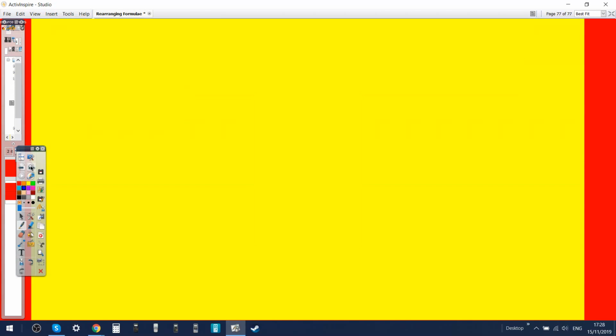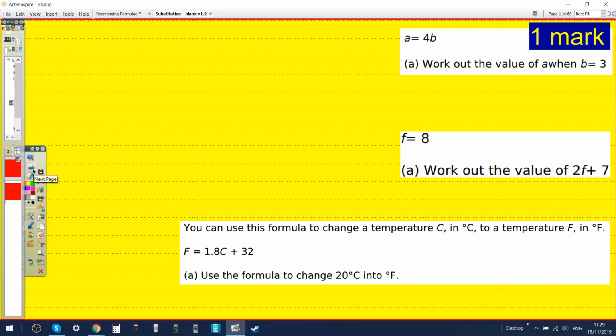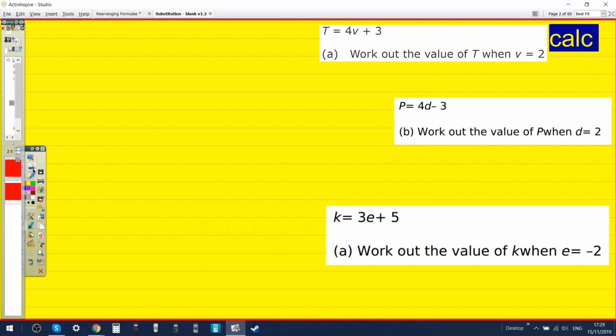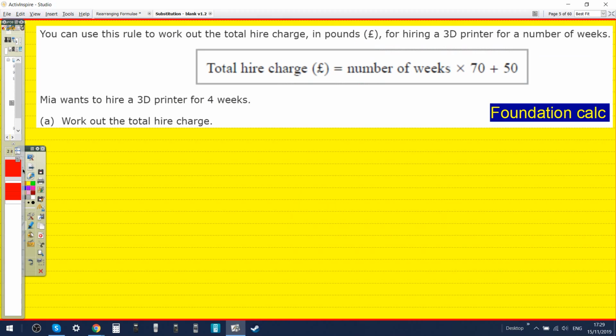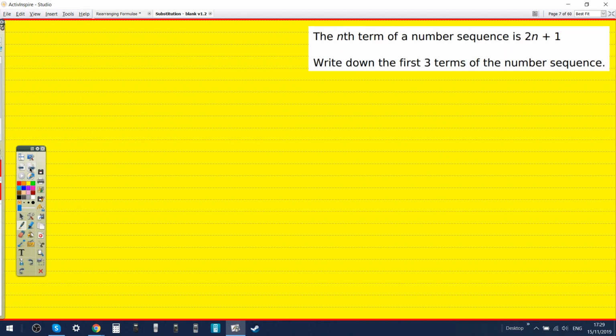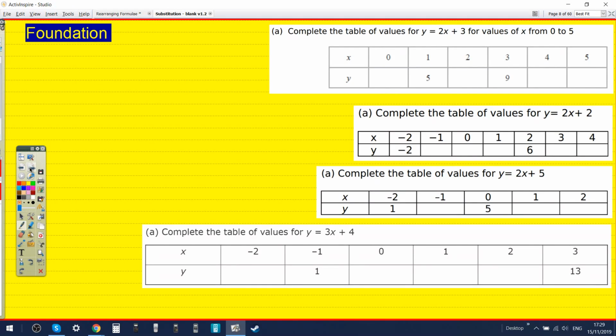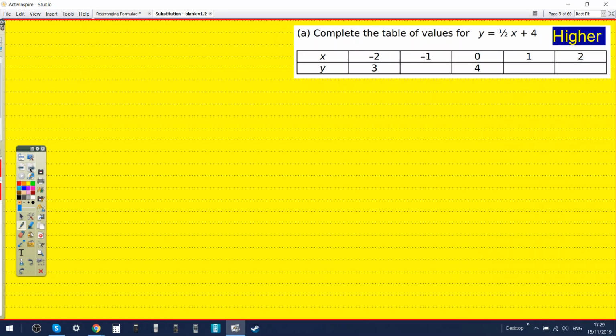This one we don't need to do. You can change this formula. Oops. That's relation. How would we do this?